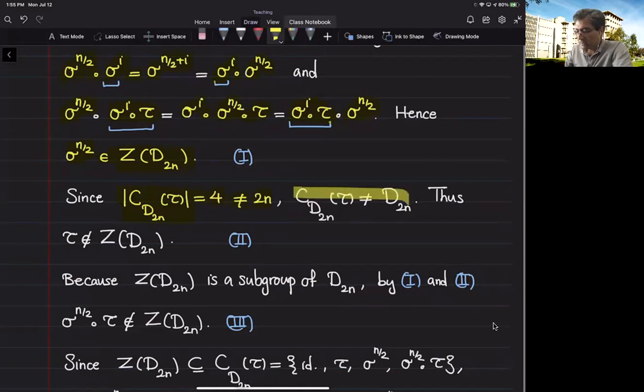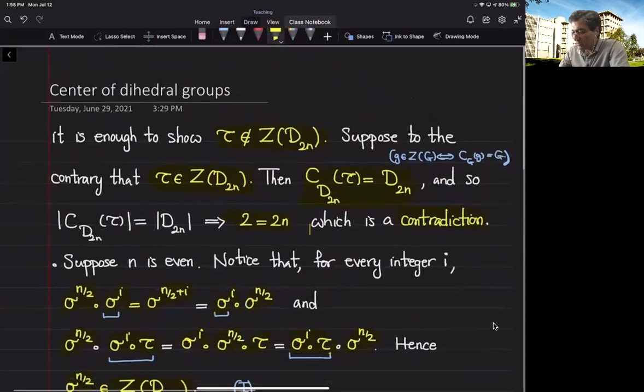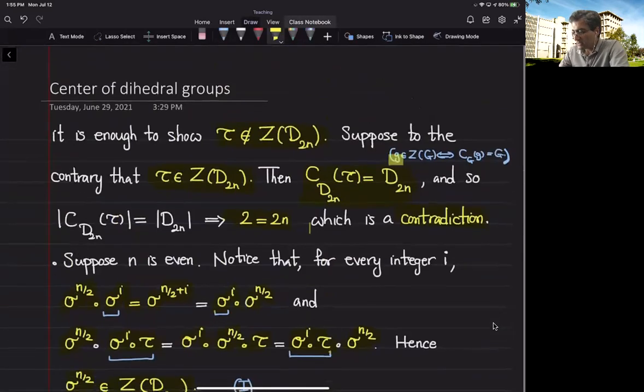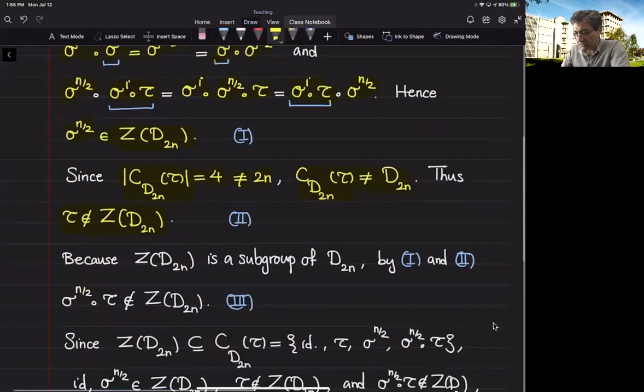That means tau is not in the center. Remember again, if tau was in the center, then the centralizer of tau was supposed to be the entire group. But it's not the entire group, which implies that tau is not in the center.